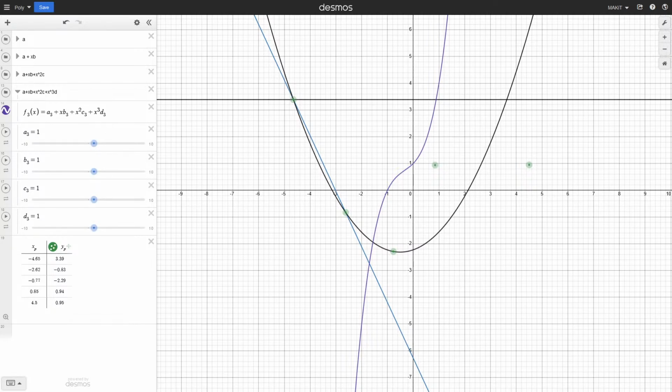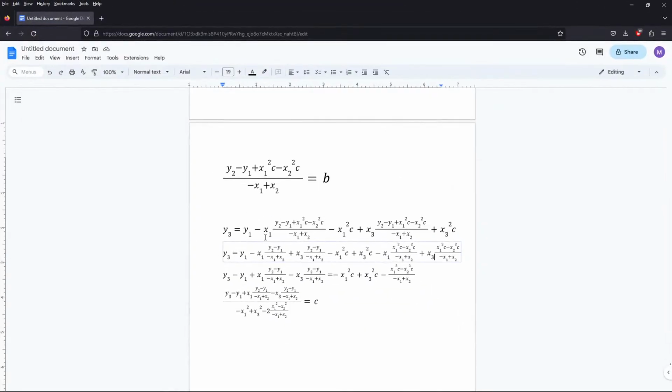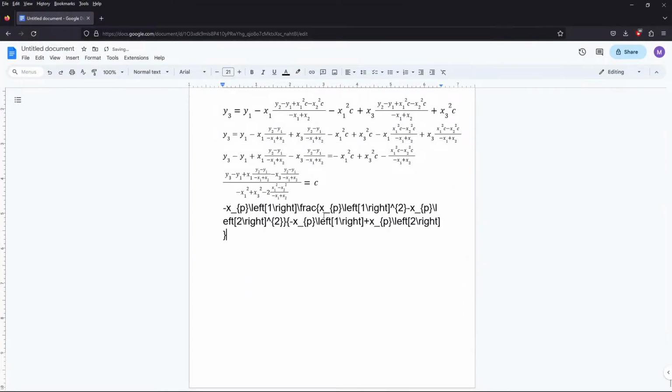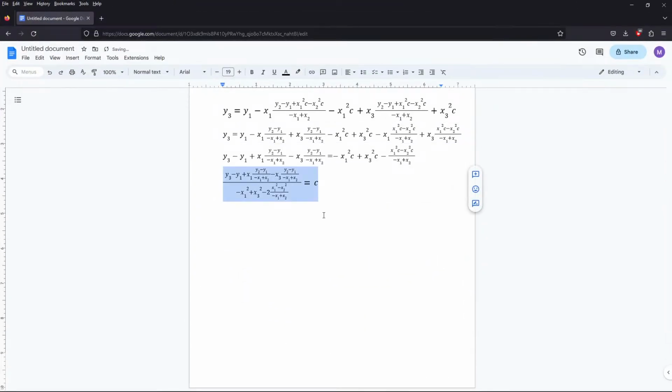Great. So first let's start with a, right? That's right. Here's what we'll have. We'll have an equation, and we have y1 is equal to a plus x1 b plus x1 squared c plus x1 cubed d.